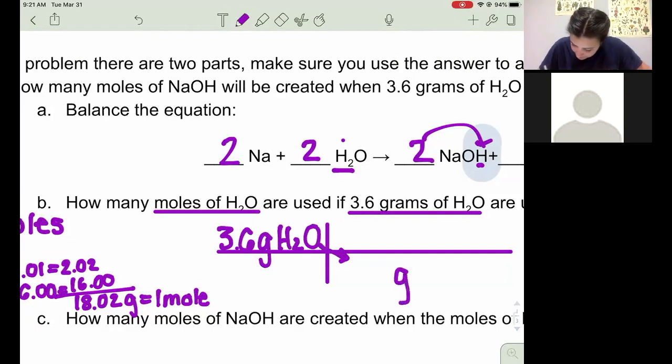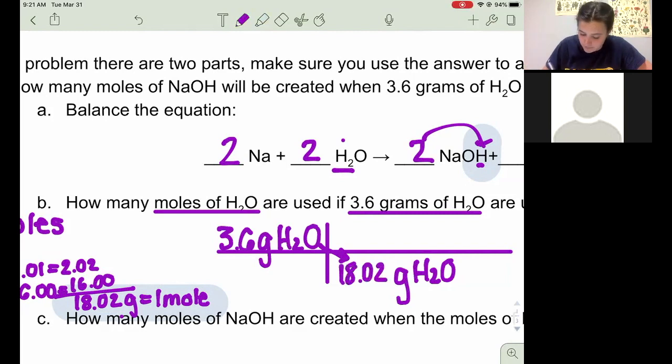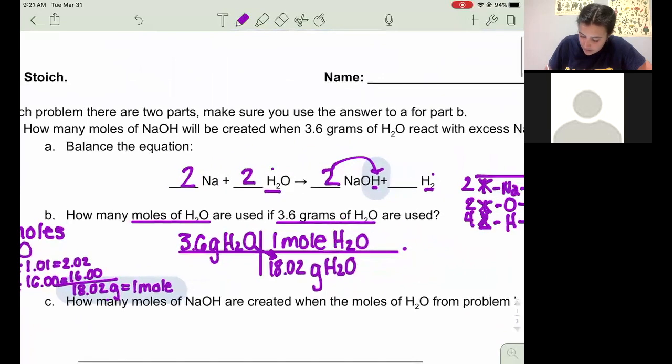So my grams of H2O go on the bottom. I'm going to look over here at my molar mass. My unit of grams is on the bottom, so my 18.02 has to go on the bottom, and my 1 mole of water has to go on the top. So now I want to solve for moles of water.